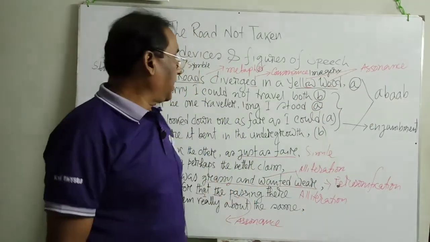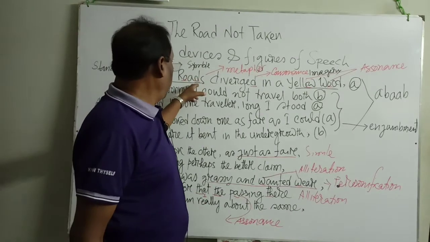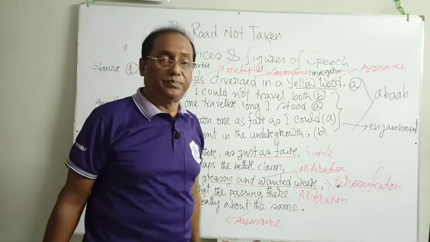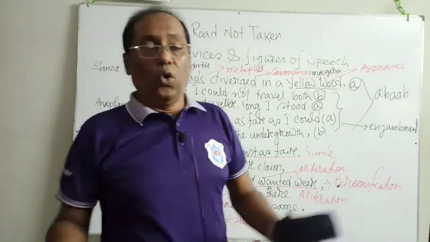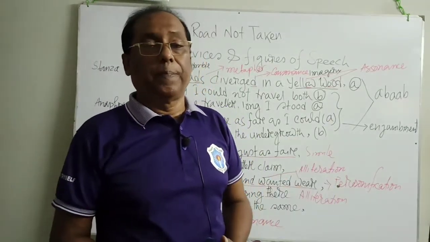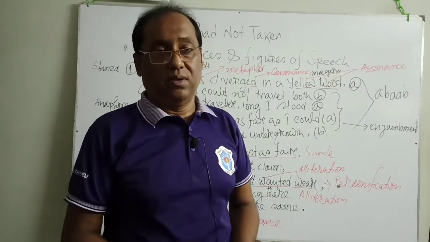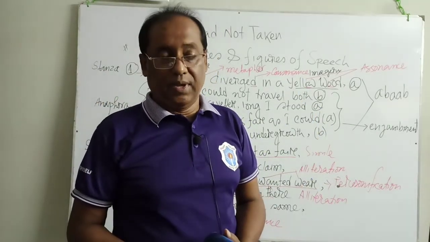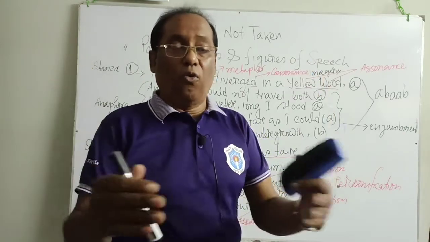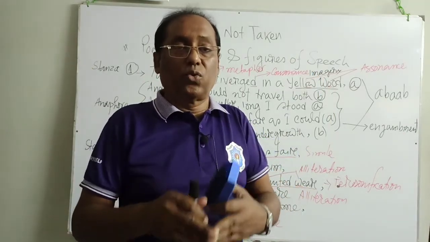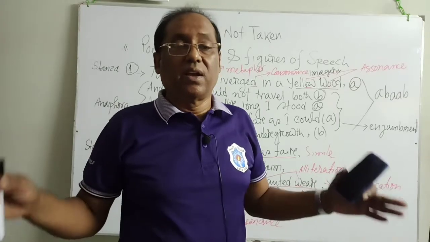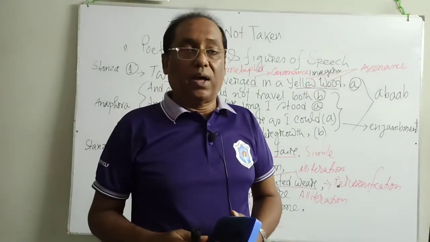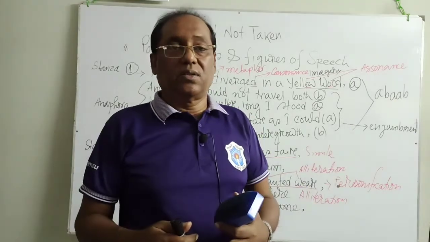At the same time, we find symbol in 2 roads. Roads actually symbolize the ways of life, and the fork from where 2 roads are diverged can be compared to the choices of life.